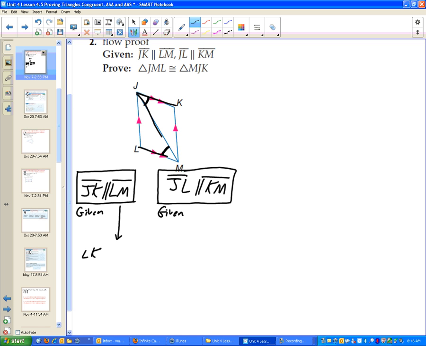Angle KJM is congruent to angle LMJ. So let's put that in a box. Why is that true? Alternate interior angles theorem.